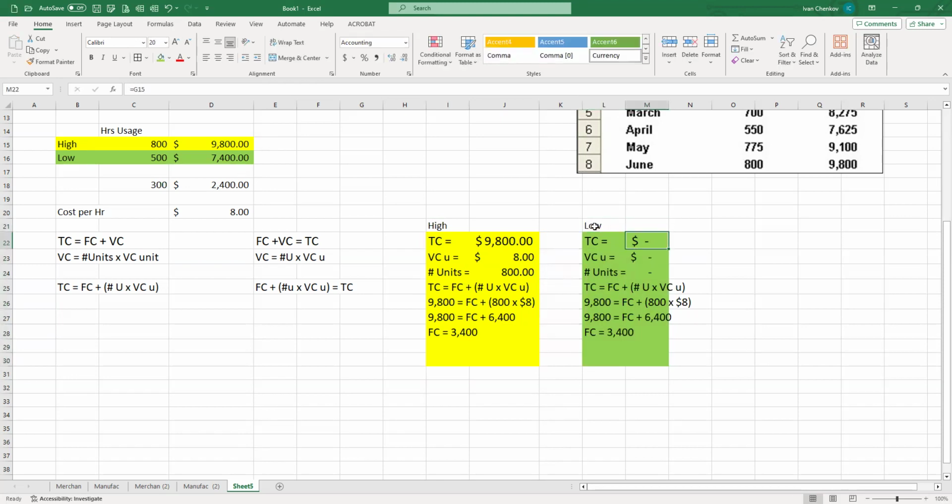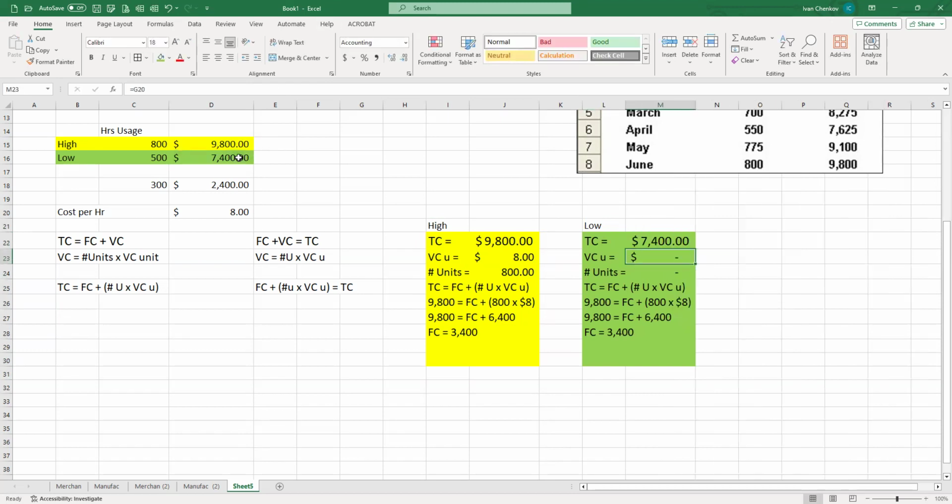On the low point, the total cost is equal to 7,400. Variable cost per unit stays the same, $8. My number of units is 500. Applying the same formula, what do I have to change? I have to change this number. That's not 9,800, that's 7,400. It should be equal to the fixed cost plus 500 units times 8, correct?